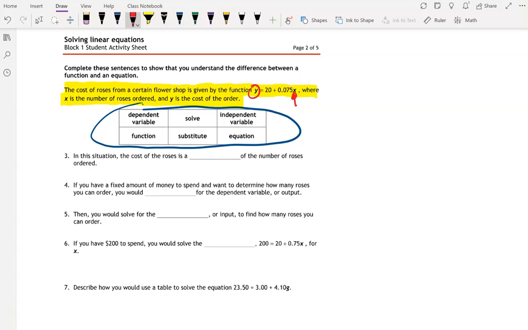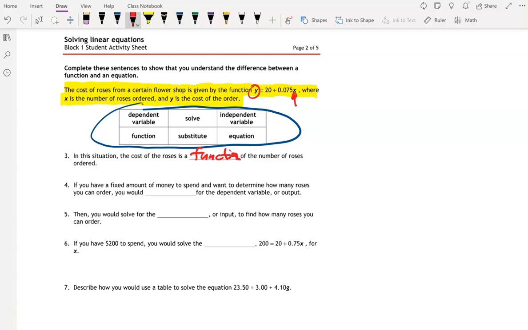In this situation, the cost of the roses is a blank of the number of roses ordered. Well, the cost of the roses is a function of the number of roses ordered, because it depends on the number of roses that you ordered.